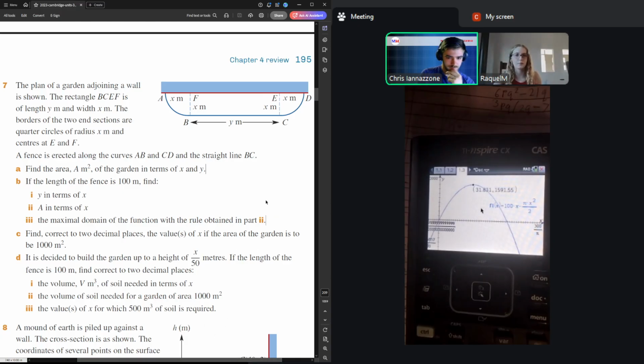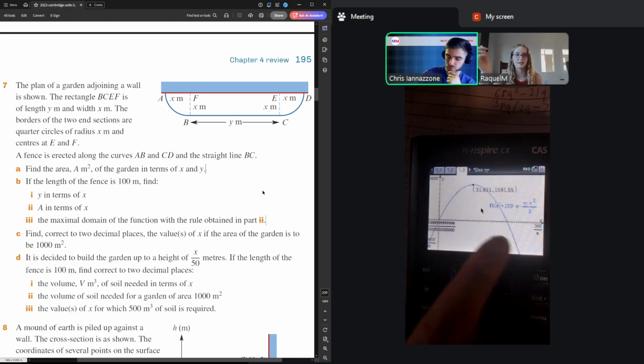It asks for the maximal domain, and that was because that's the highest x value that you'll get. The highest x. Well, the x is greatest horizontal x value.